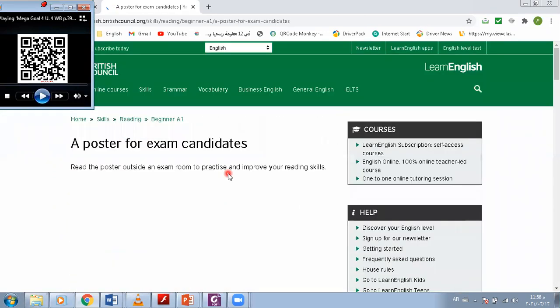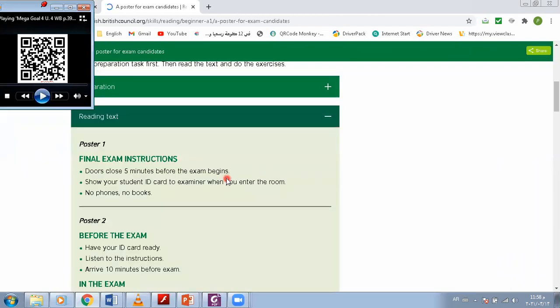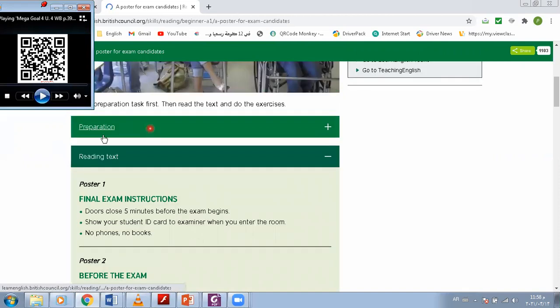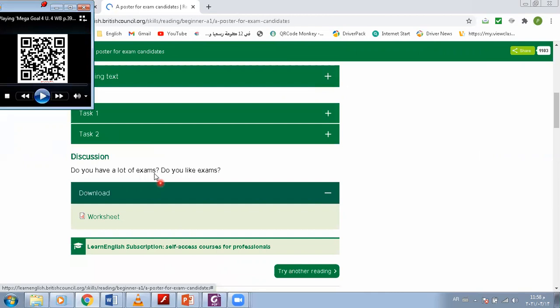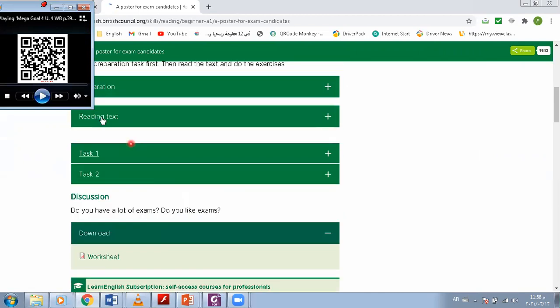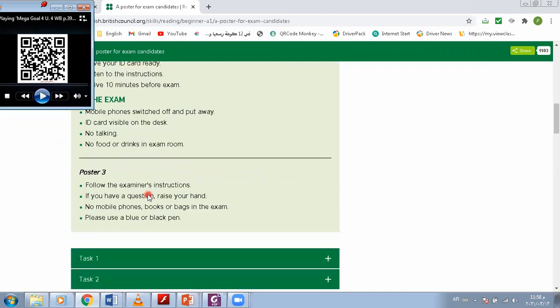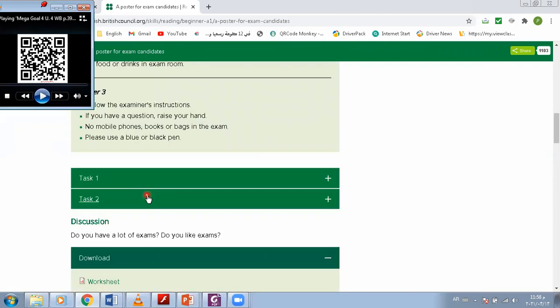We can enter one of them. If we look carefully, we can find here the reading text. We can read the text at first. Then we can answer some questions related to this text.